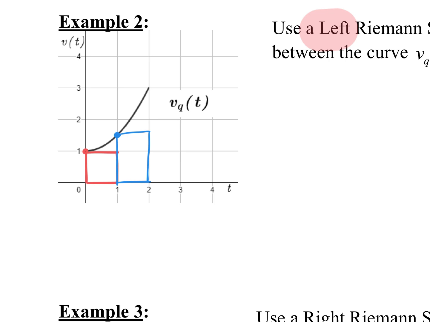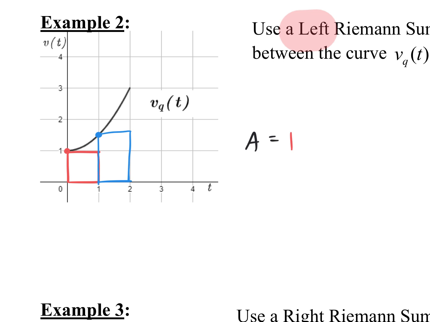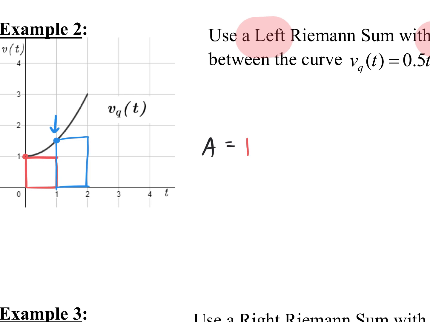So when I find the area of these two rectangles, I have the area of the rectangle in red. That's an easy one because it's just 1 times 1, so that's 1. How would I find this height right here? Plug that value into the equation? Yeah, plug it into the equation, right?